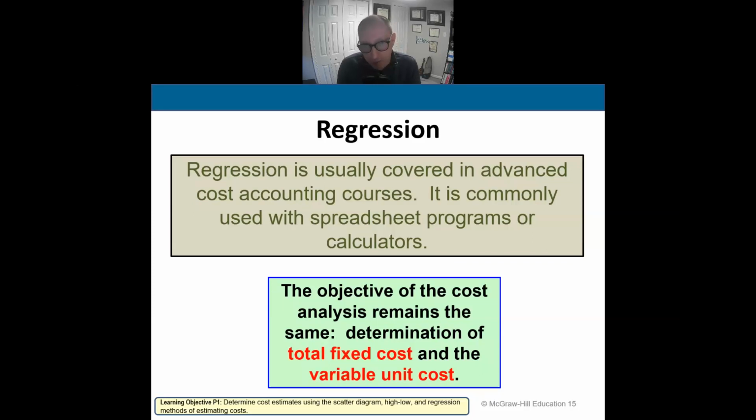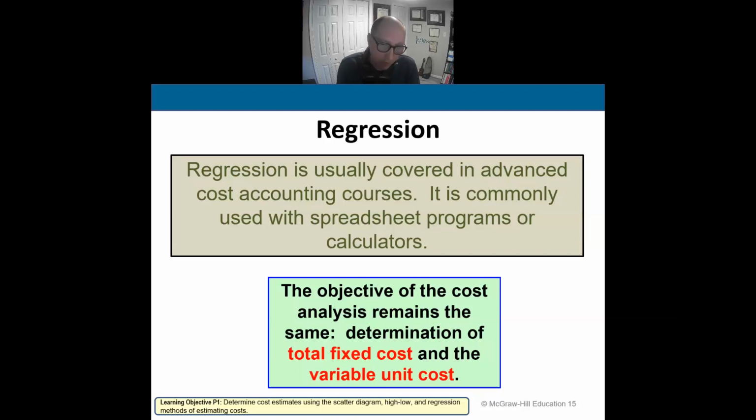We use spreadsheets and calculators and all that jazz to find regression analysis. I know, it's a pain. I want to show you the very basics of it, okay? So don't worry too much about regression. It's not something we're going to dive deep into, but it's good to know. It's again not my favorite method. I like the high-low personally, but regression is still something we need to know.